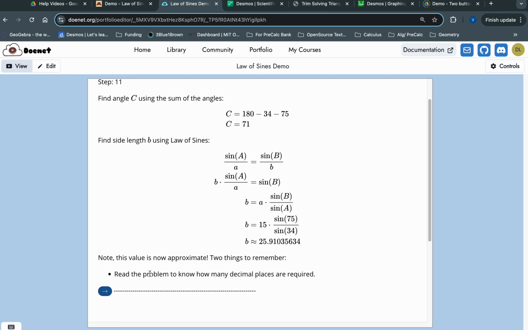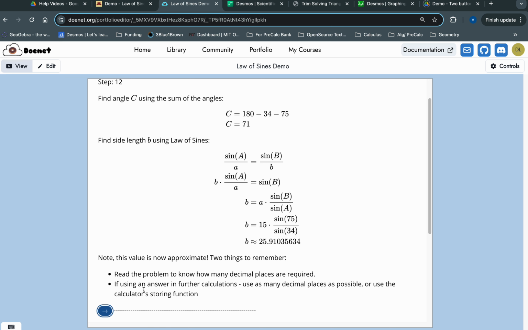First, read the problem to know how many decimal places are required. And then if you're using this answer, like what we got for B here, in your further calculations, you want to keep as many decimal places as possible, so that your errors don't accumulate or your approximate values don't become more and more approximate.